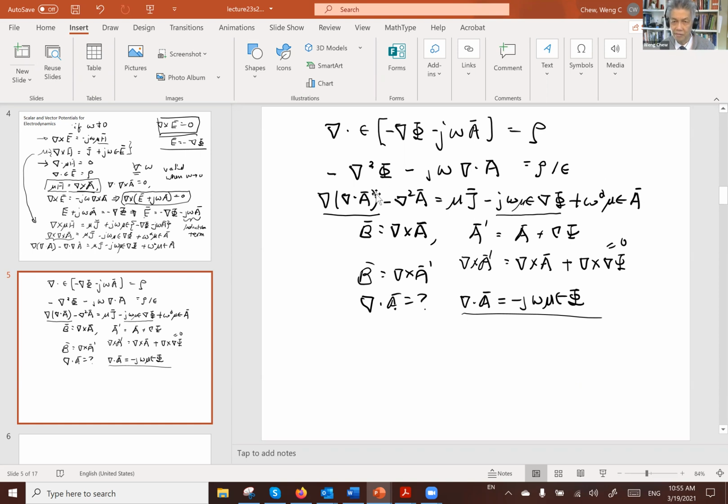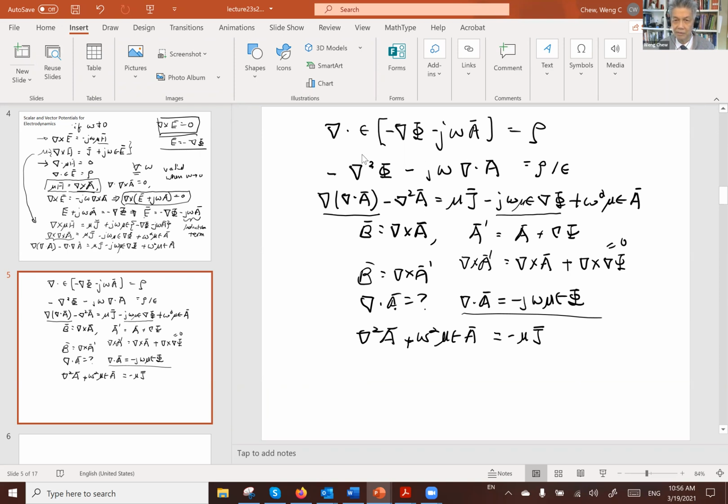And if I rewrite this last equation that we had above, it can be written as Laplacian of A plus omega square mu epsilon of A. I just put these two terms together and put the other one to the right-hand side, which is minus mu J. So this is equal to minus mu J, and this equation is greatly simplified compared to the original one.